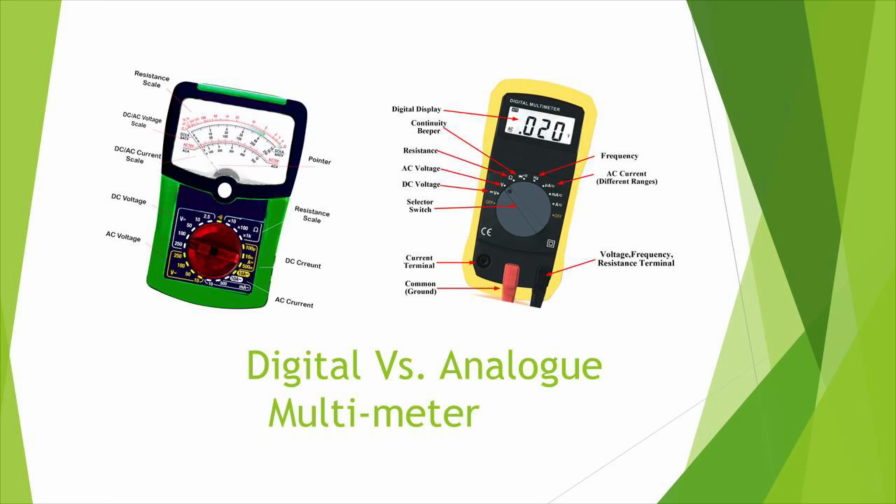So I believe that you now know the comparison between the digital and analog multimeter. In my opinion, the digital multimeter is the best choice for accuracy in reading, and it is user-friendly and very easy to read, with many functions in one device.